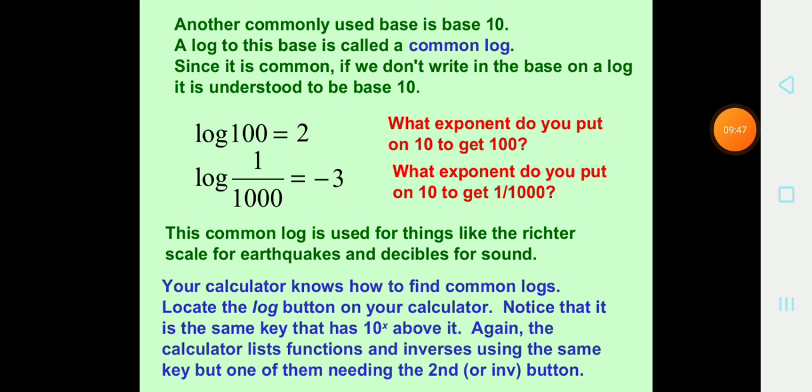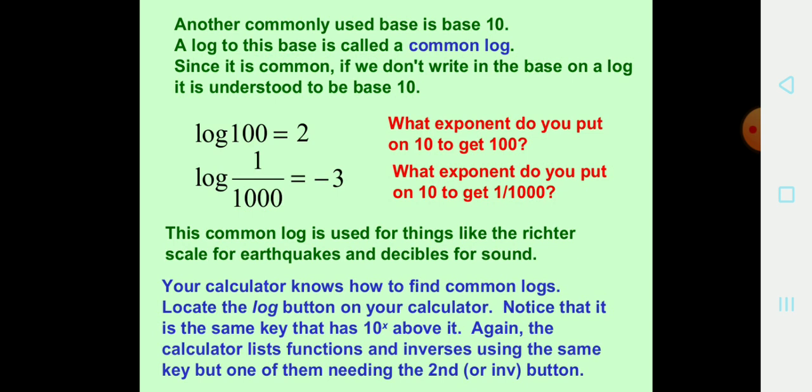Another commonly used base is 10. So a log to this base is called a common log. Since it is common, if you don't write the base on a log, it is understood to be 10. So what exponent do we put on 10 to get 100? The common log is used for things like the Richter scale for earthquakes and decibels for sound.